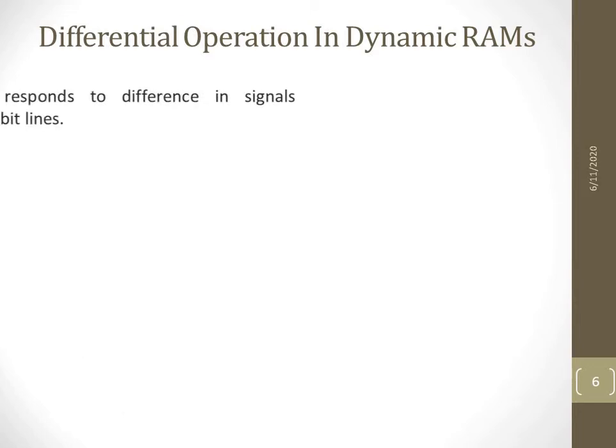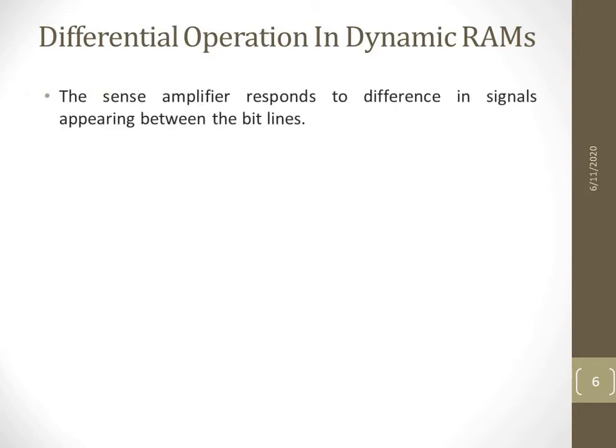Now let's see differential operation in dynamic RAMs. The sense amplifier responds to the difference in signals appearing between the bit lines. Why has the sense amplifier been used? The sense amplifier is used at reading, because when we read, if the stored value is less than 50%, it reads as 0.